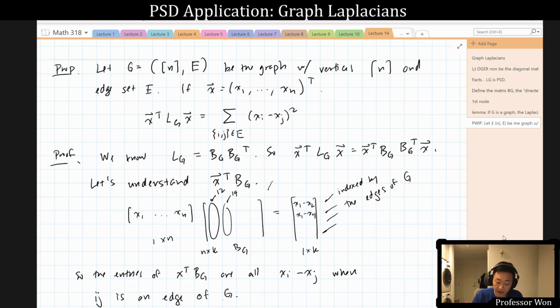Okay, so what does that mean? Well, notice that this thing is the transpose of this thing. This thing here is BG transpose X, which means that this is just the dot product of X transpose BG with itself, right?